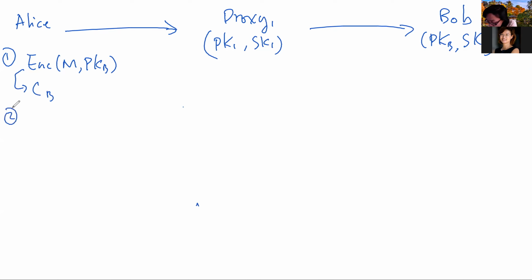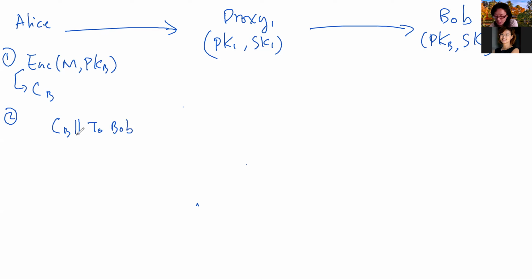The next step is to construct the message to send to proxy 1. You cannot just send CB to proxy 1, because proxy 1 will not know where to route it. So you have to say, we want this message to be delivered to Bob.